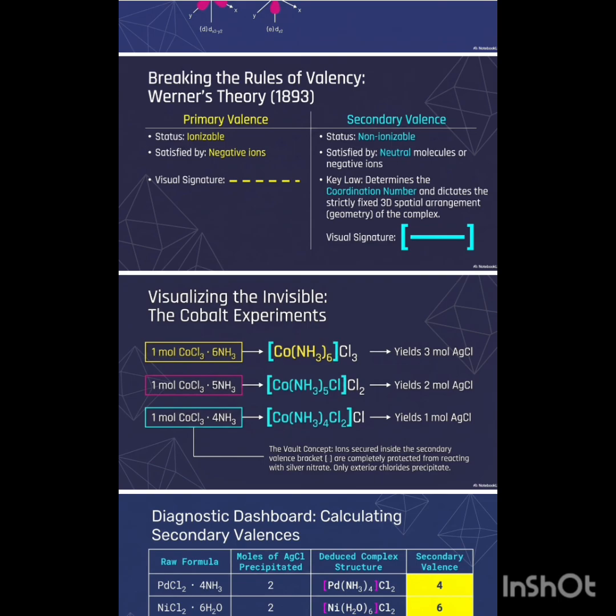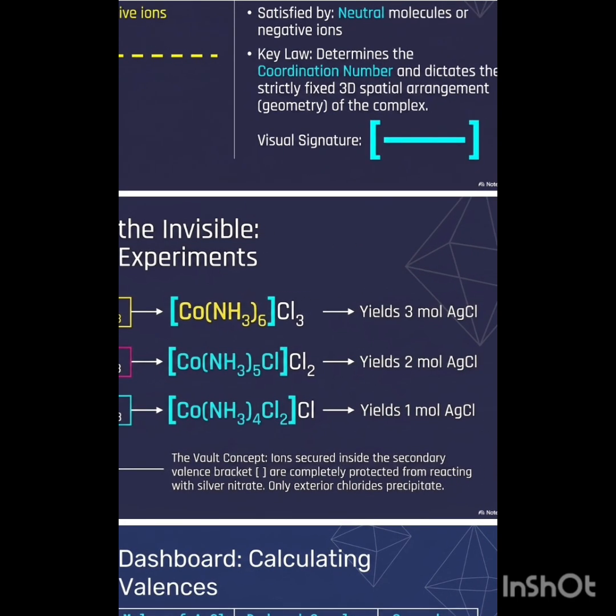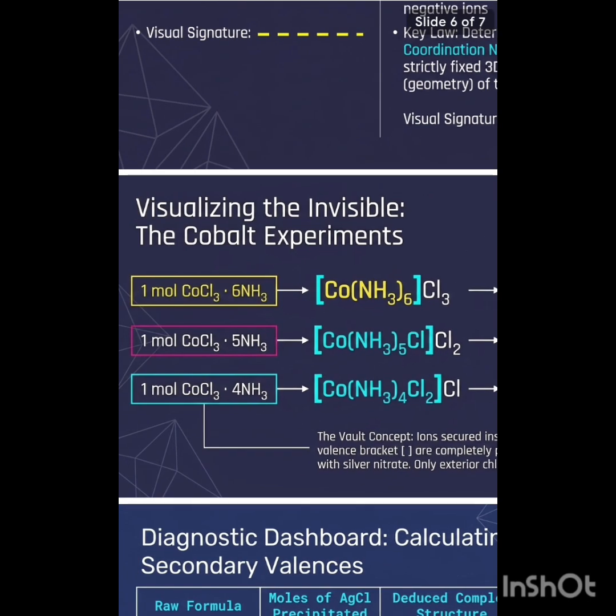Here we are going to take some cobalt compounds. For example, 1 mole of cobalt trichloride with 6 ammonia molecules gives 3 moles of AgCl on adding silver nitrate solution. That means this compound gives 3 chloride ions in solution.